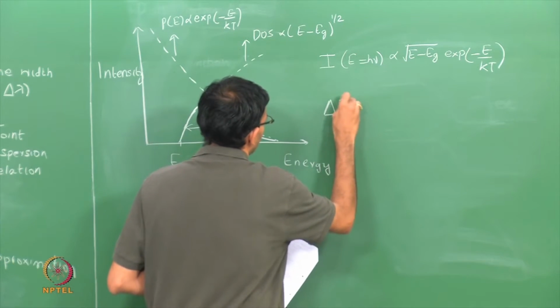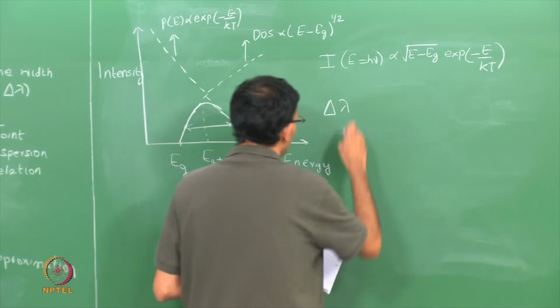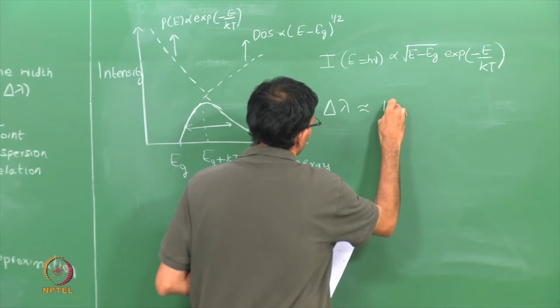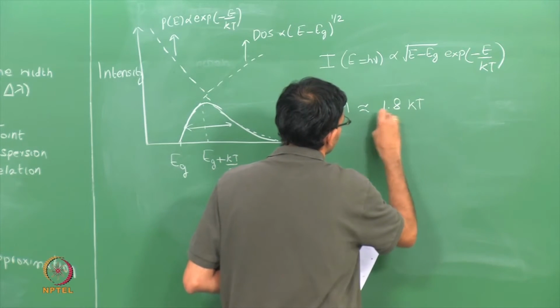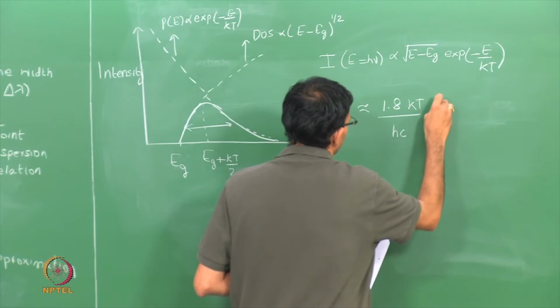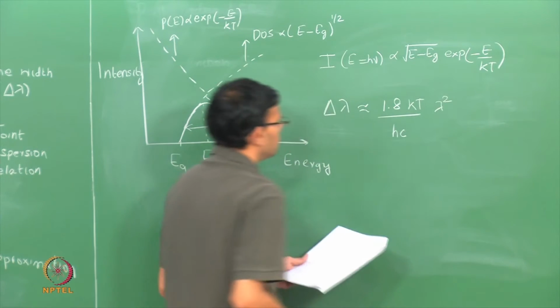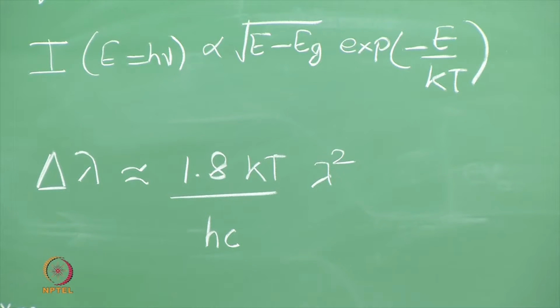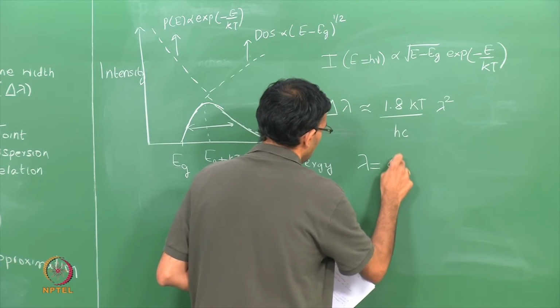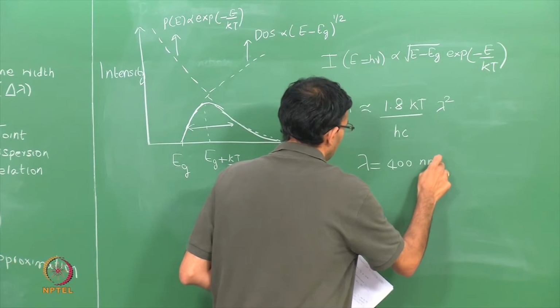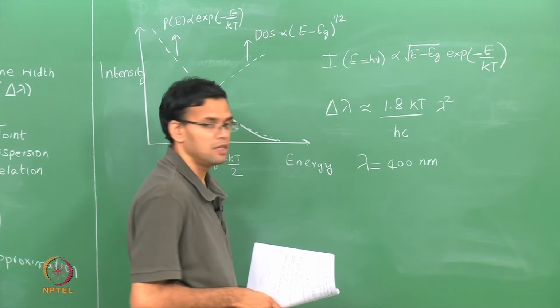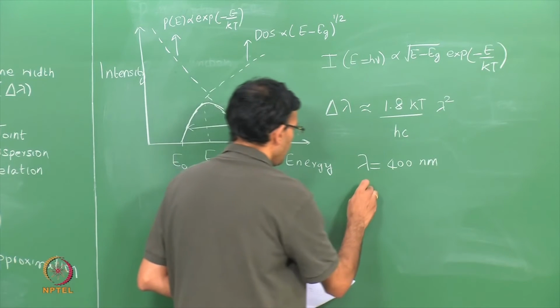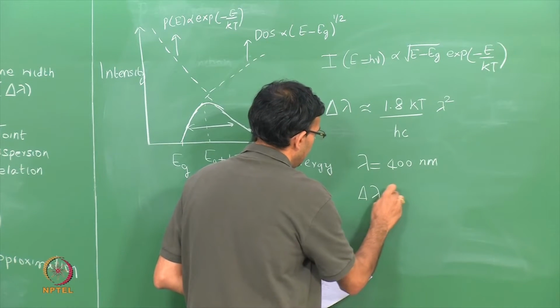This line width delta lambda is approximately 1.8 kT lambda square over hc. So for example, if we have an LED which gives light at 400 nanometers, so 400 nanometers is in the visible region, you can calculate a delta lambda.